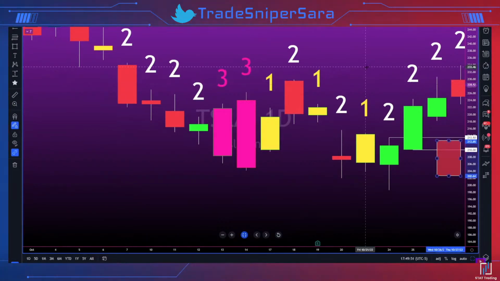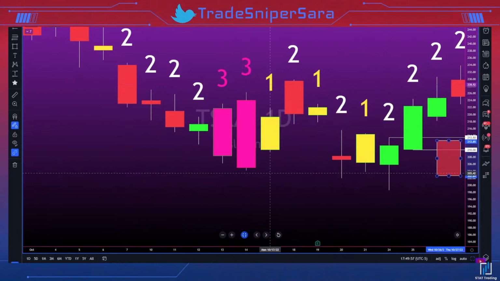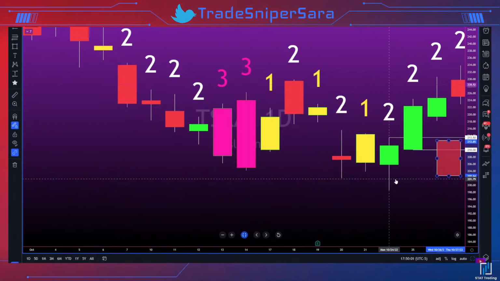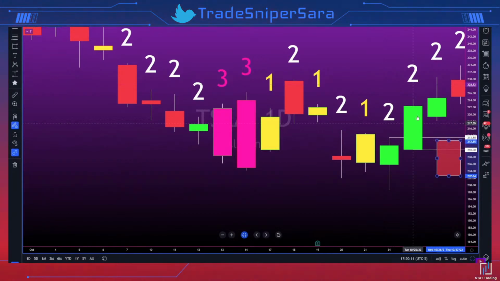We can't possibly know for certain if this is the bottom of the broadening formation. We just know that we could potentially be at the bottom of a broadening formation. And that's why we always talk in potentials, because we don't know for sure. We're not saying this is a definite 2 down, 2 up reversal at the bottom of a broadening formation. We don't know that.